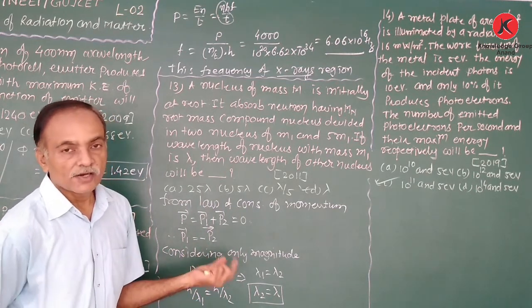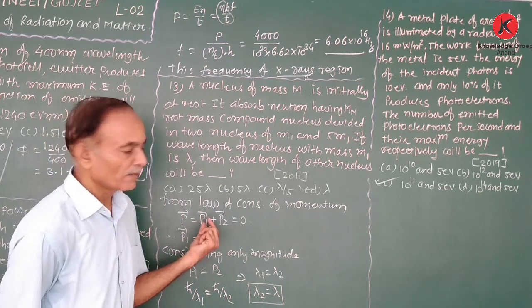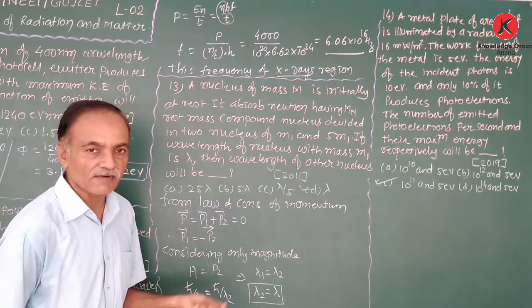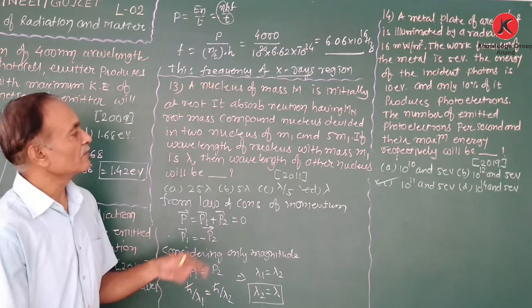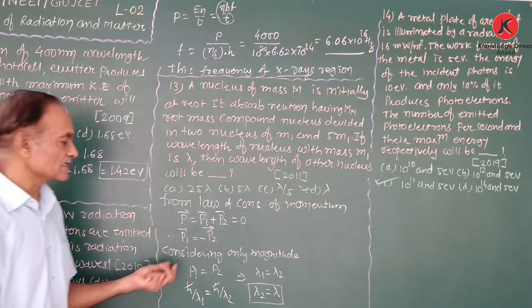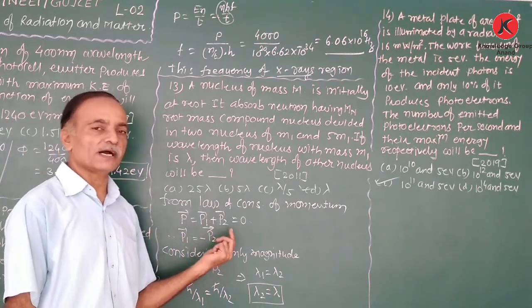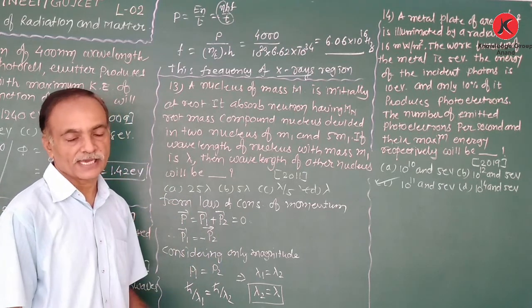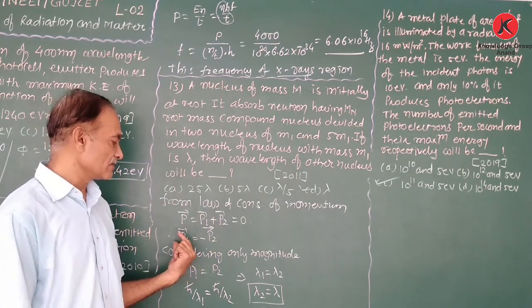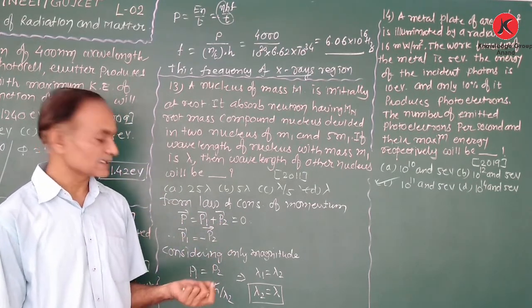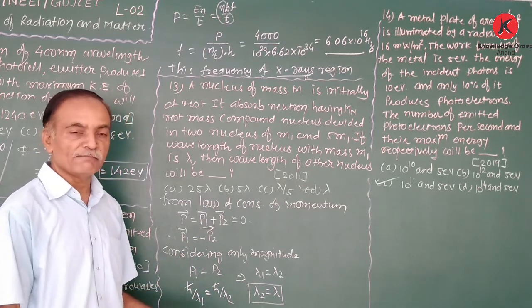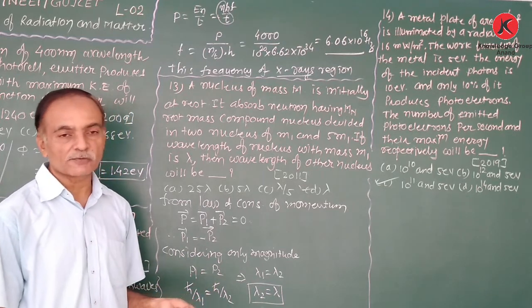Here we know the law of conservation of momentum: total momentum P is 0. When the nucleus is divided into two parts, the momentum of the first part plus the momentum of the other nucleus, P1 + P2 = 0, therefore P1 = minus P2. Now considering only magnitude, P1 = P2.